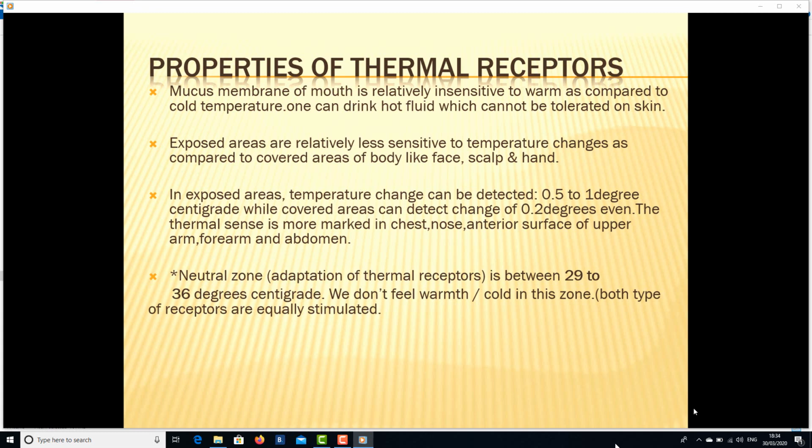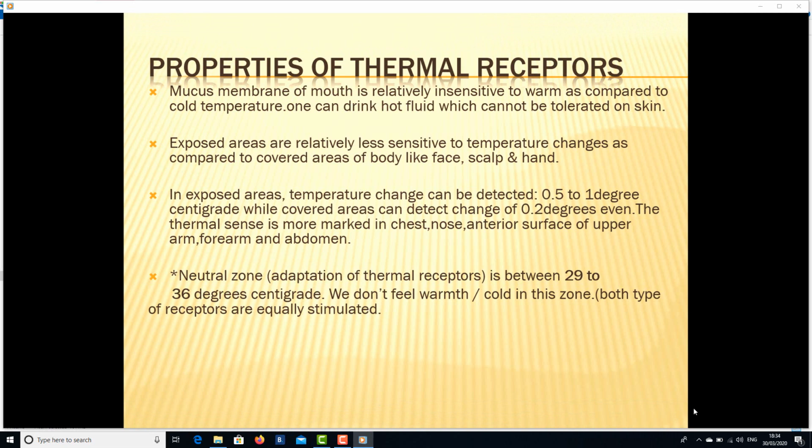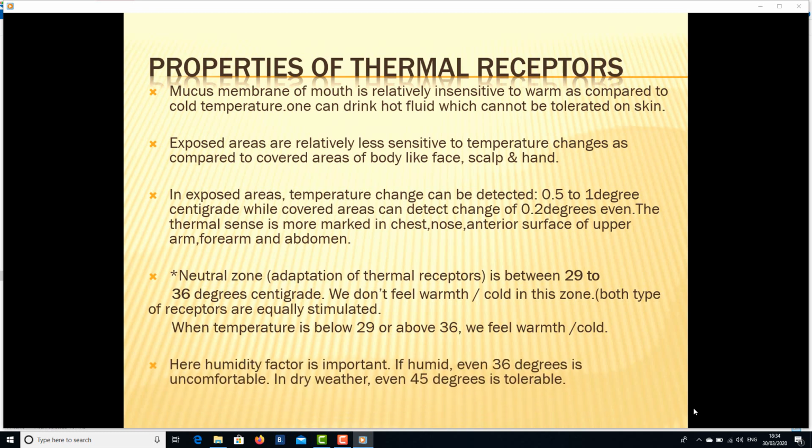At this temperature we don't feel any warmth or cold. Why? Because both the receptors are equally stimulated. When the temperature is below 29 or above 36, we feel warmth or cold. And the humidity factor is very important. If humid, even 36 degrees is uncomfortable. In dry weather, even 45 is tolerable.